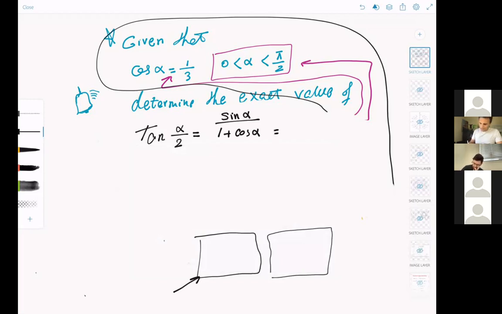Equal to, do we have sine of alpha? No. Do we have cosine of alpha? Yes, 1 over 3. How do we find sine of alpha? Jason will tell us.